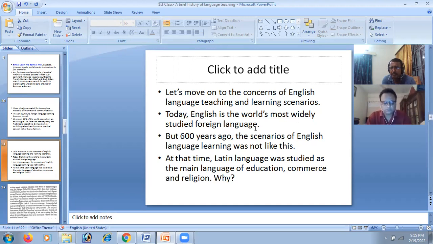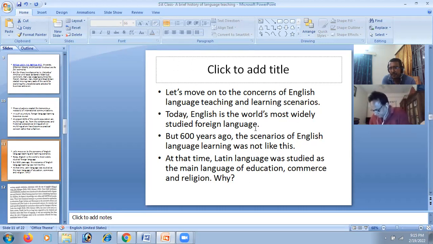A little bit earlier, I mentioned that nearly three quarters of the world population know the English language. Many of them use it as a foreign language. Some of them use it as a second language, like the people in India and the people in Singapore.